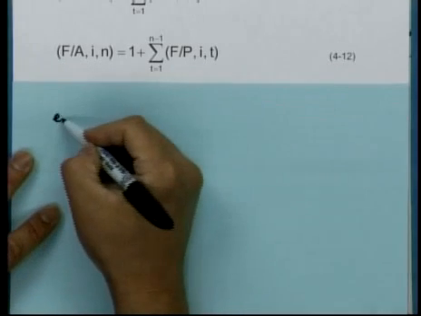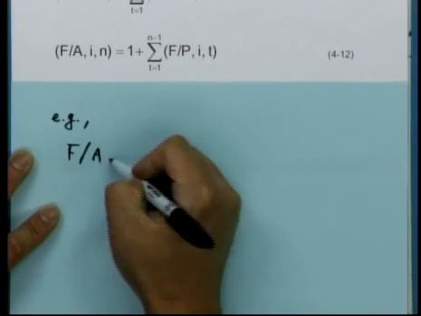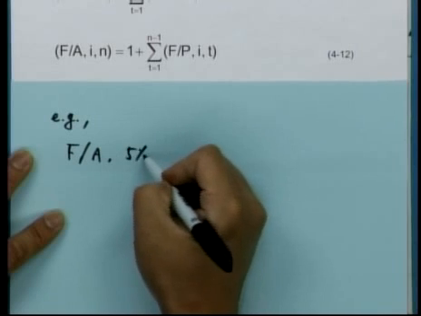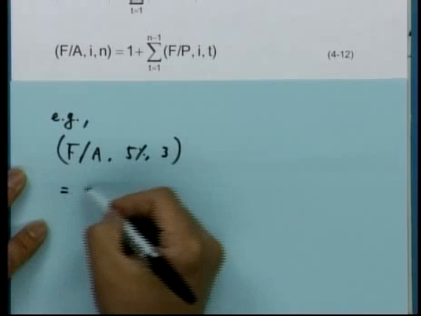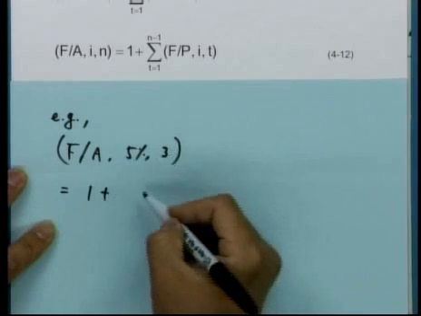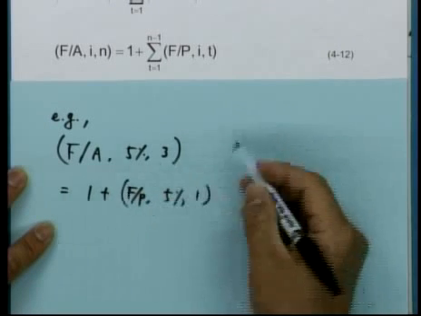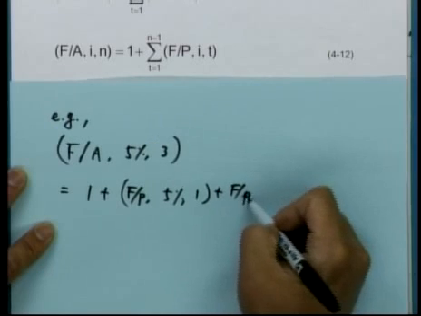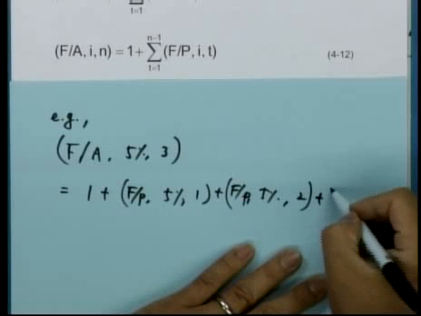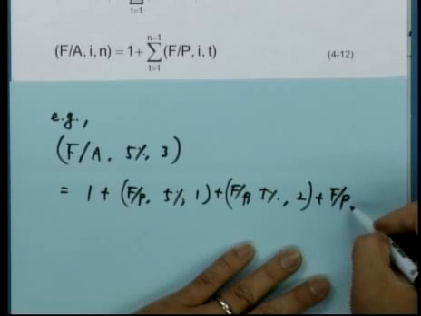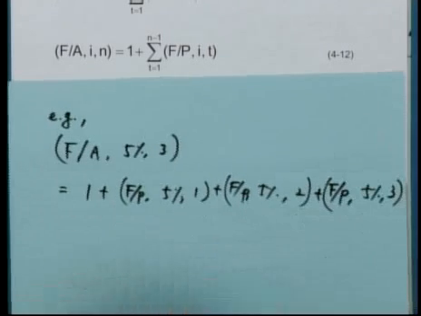So just for example, here F given A, let's say 5% over next 3 periods, would be 1 plus F given P 5% over 1 period, F given P 5% over next 2 periods, plus F given P 5% over next 3 periods. Okay?